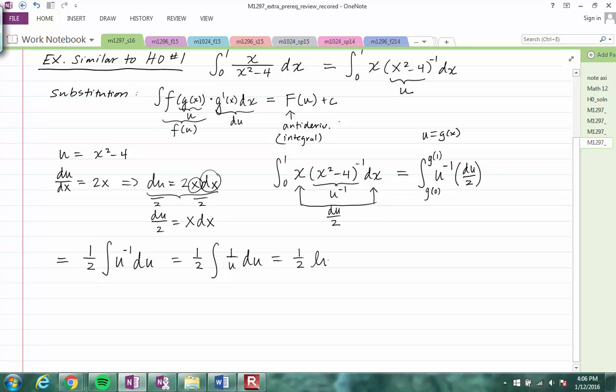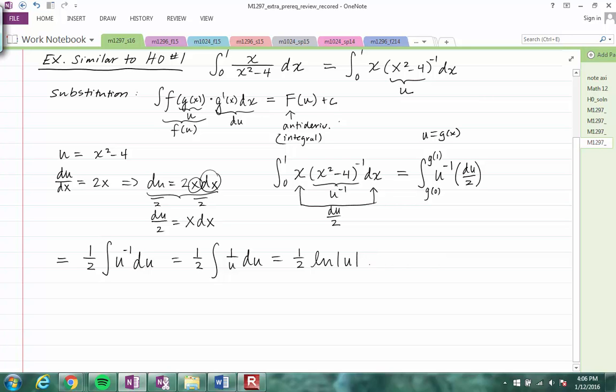This integral is ln of the absolute value of u. So memorize that the integral of 1 over u, or the integral of u to the negative 1, or normally an x, integral of x to the negative 1, is ln absolute value of x, or in this case, absolute value of u.